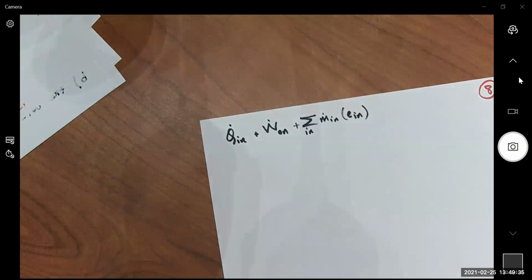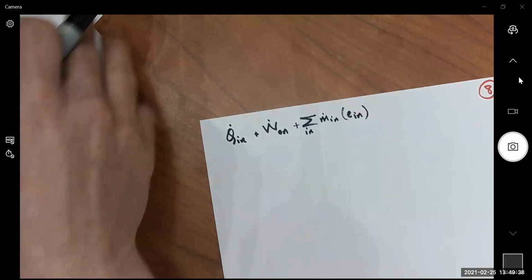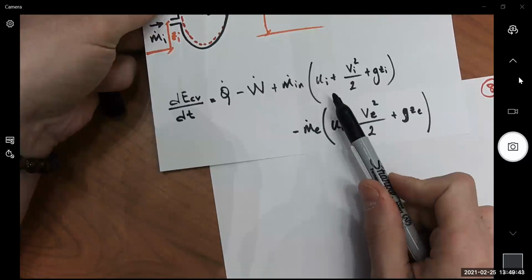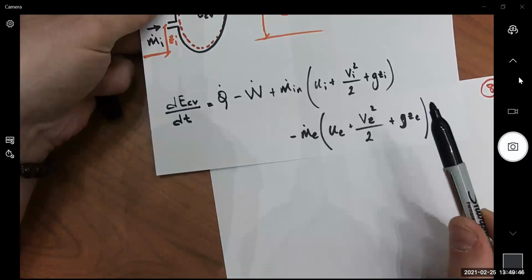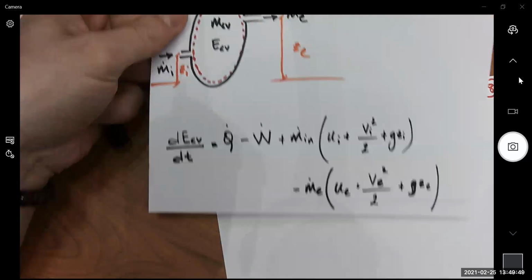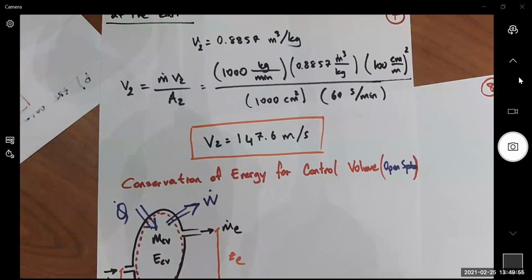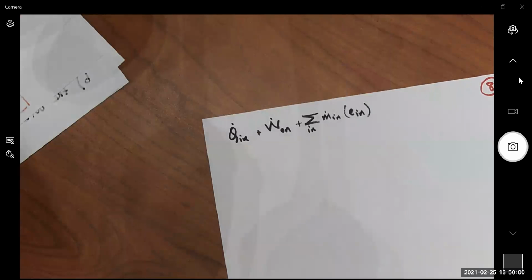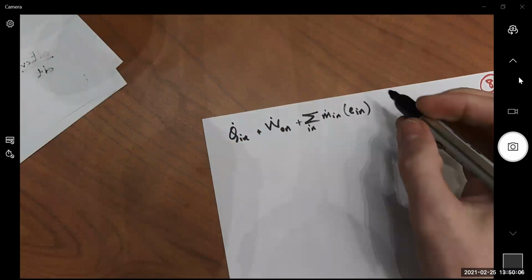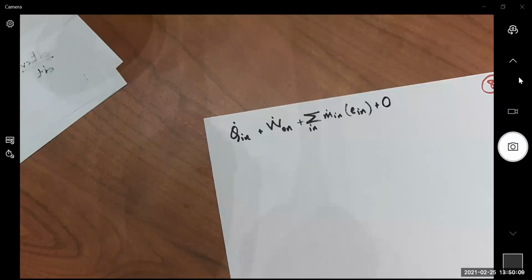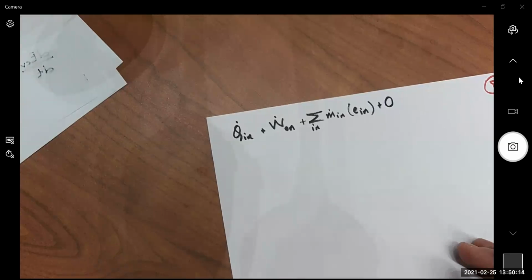E in, I call everything in the big parentheses E: U plus V squared over 2 plus GZ, I call all of it an E. Plus 0, there is no generation in the system. If there's a generation in the system, it will be this part.